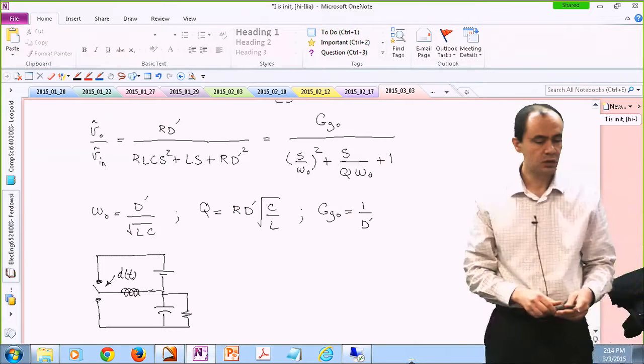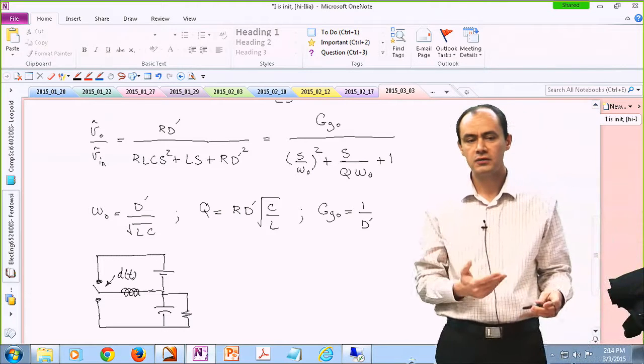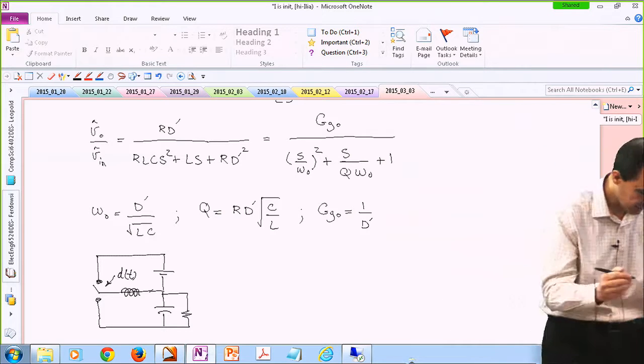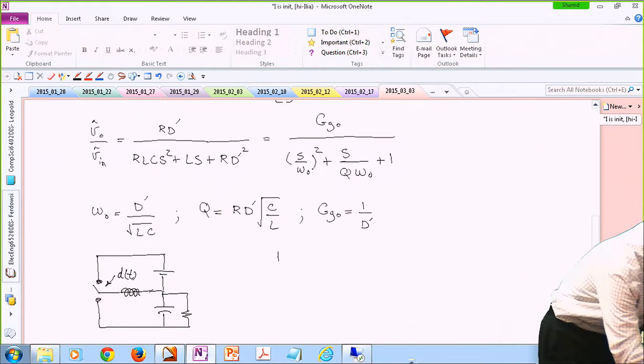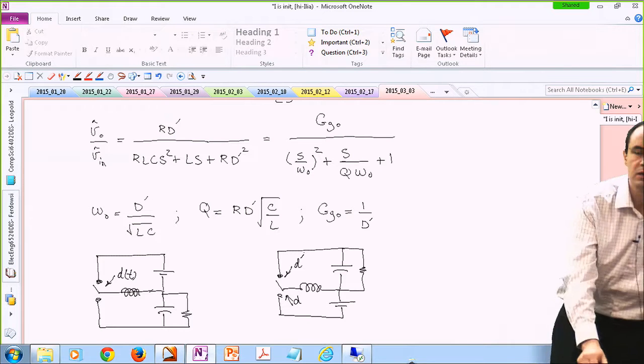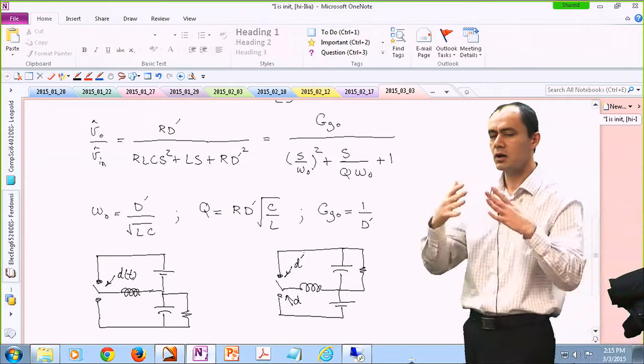If you consider this as your buck boost converter, D is determined by the top switch, so it's D. If you consider this other one as your buck boost converter, then D is here, therefore you should consider D prime.